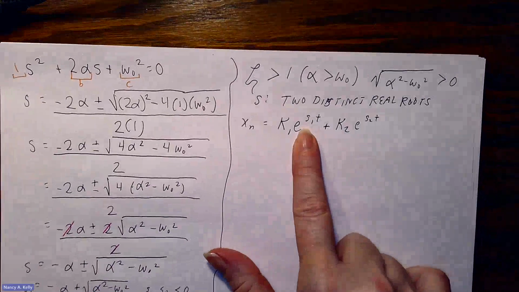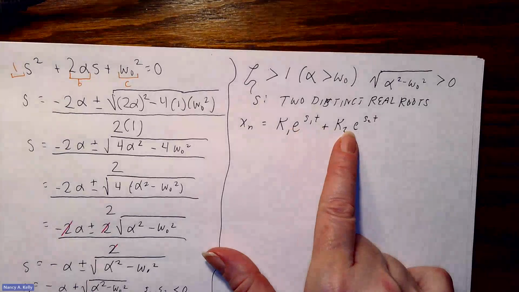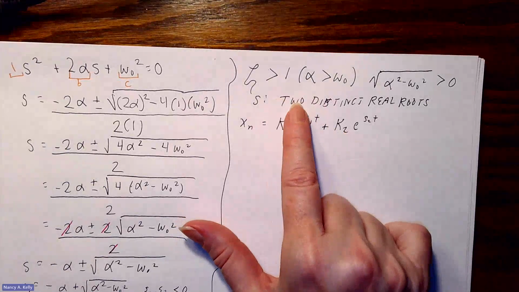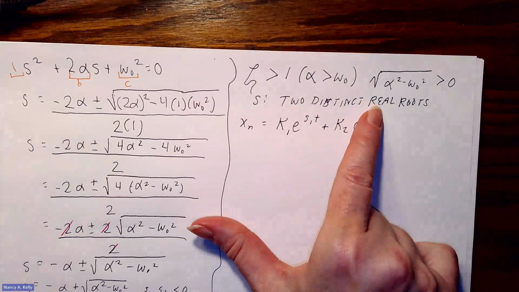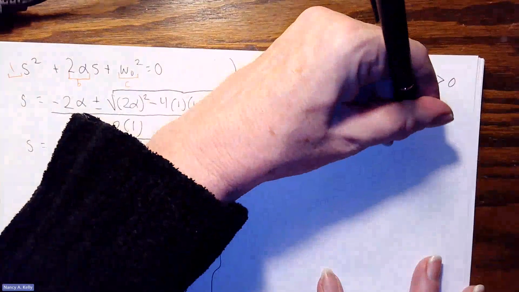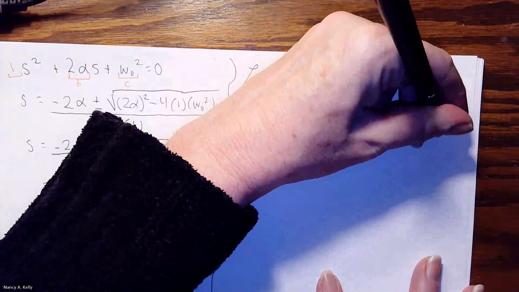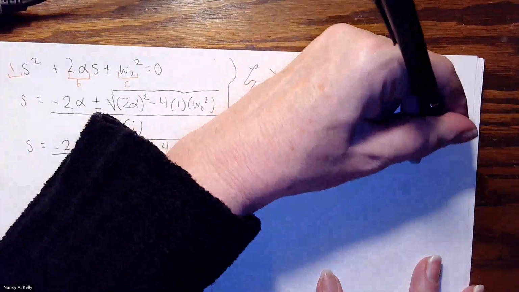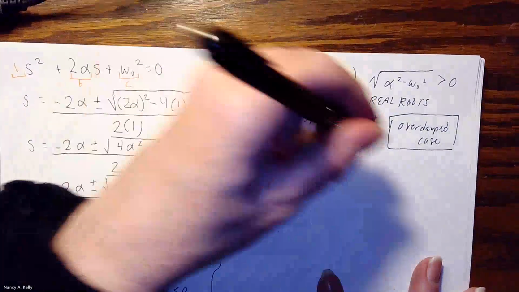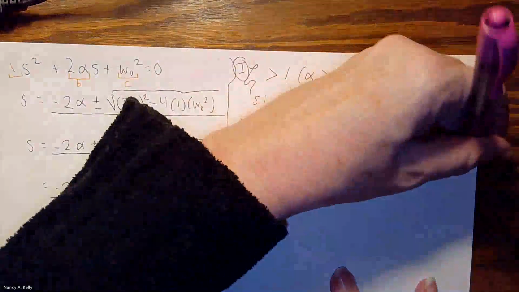So that means that we expect these to both be decaying exponentials. This case, where we have this relationship between alpha and omega 0 and the two distinct real roots, is called the overdamped case. That's case number 1.